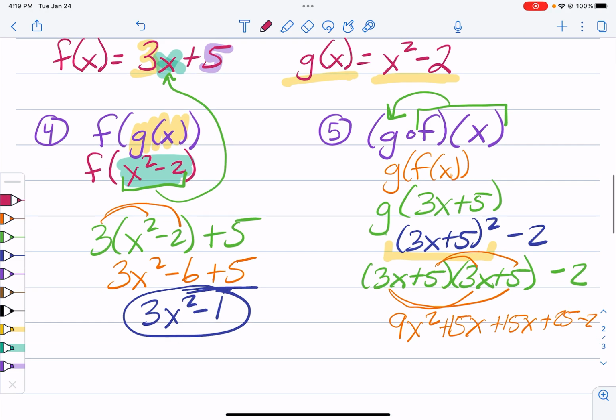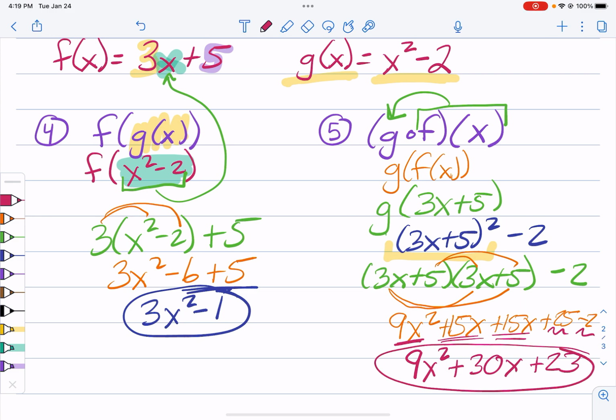If we combine all of our like terms, so 9x squared, there's no other x squared term, so it's its own type of term. We have a 15x and another 15x, so that is a 30x. And then we have a 25 minus 2, which is 23. So that is our final answer for g composed with f of x.